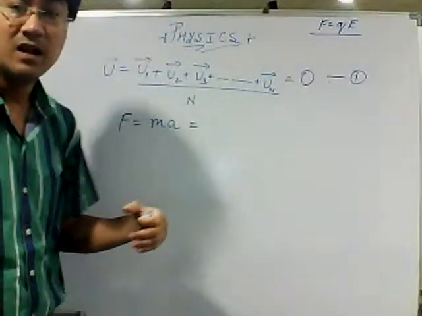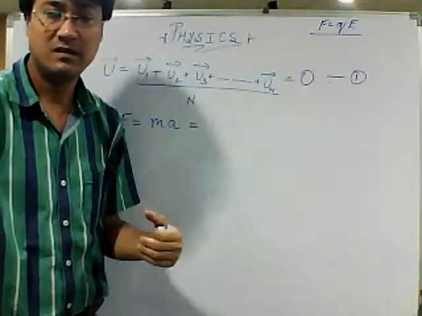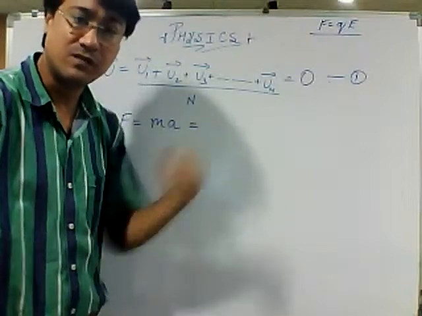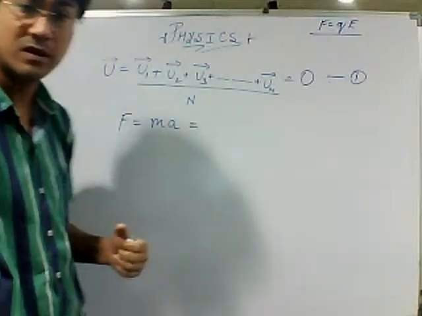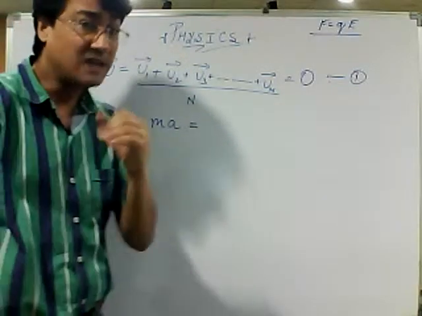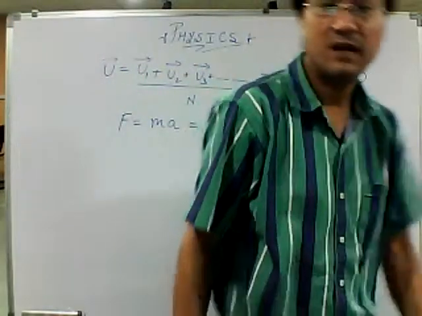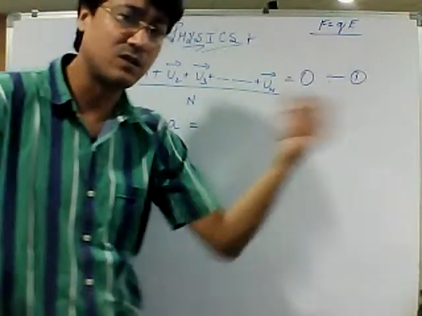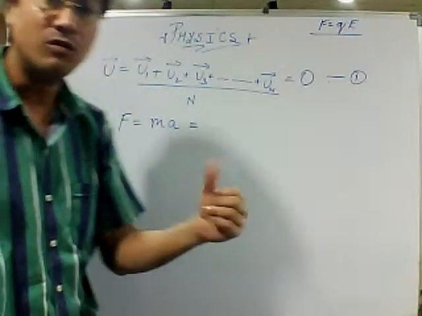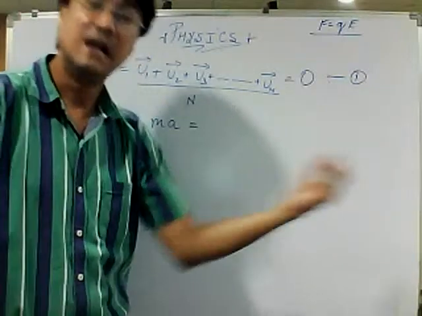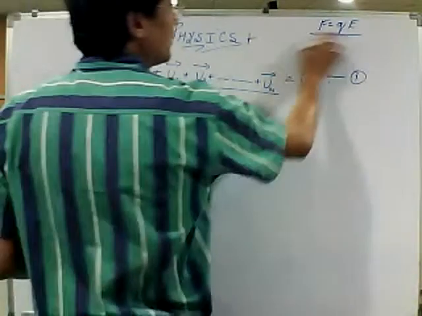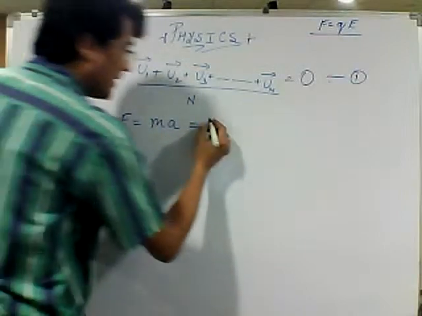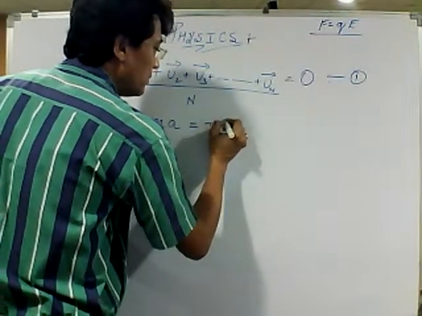Here we have the electron, which will be experiencing the force. Perfect. And will the direction of force on the electron be the same as the direction of the electric field? No, it will be opposite to the direction of the electric field. So the force due to the electric field would be minus QE.